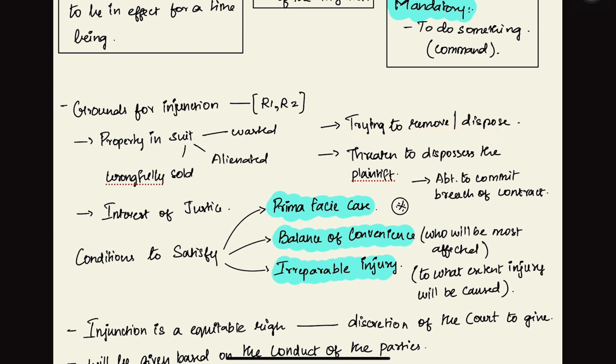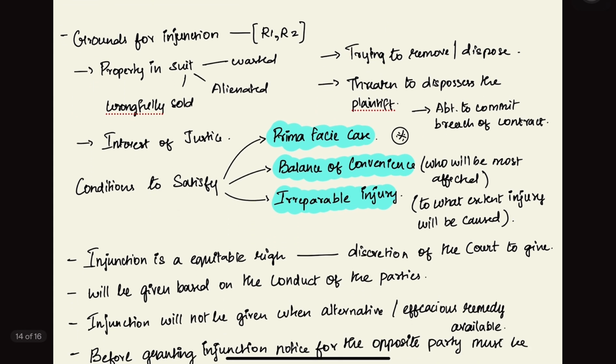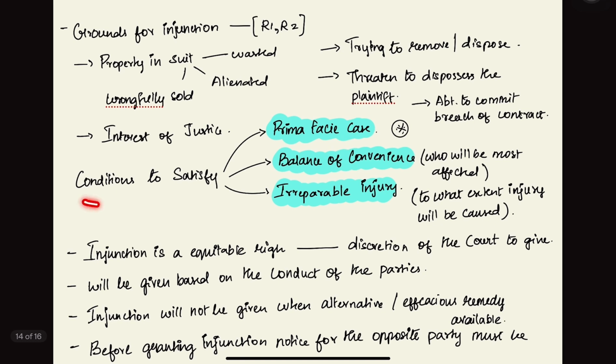And when the defendant is trying to remove or dispose of his property, or he threatens to dispossess the plaintiff, where the plaintiff is having the possession. In that case, the defendant threatens the plaintiff to vacate his property, and simply dispossesses the plaintiff of this property, or is about to commit a breach of contract. So in these cases, injunctions can be granted by the court.